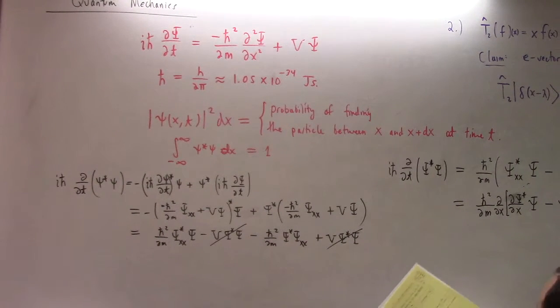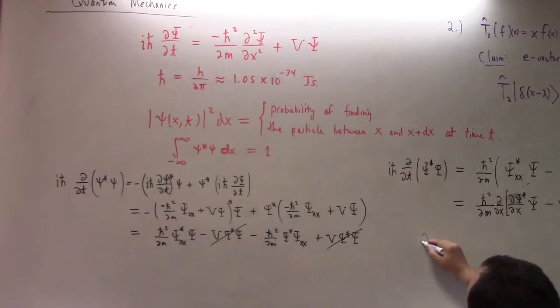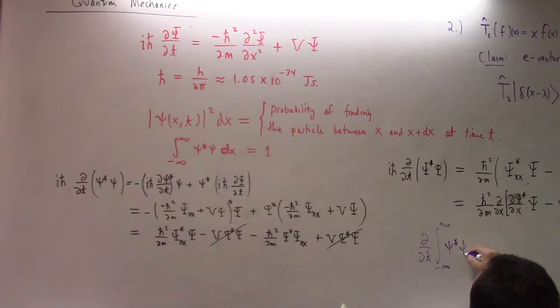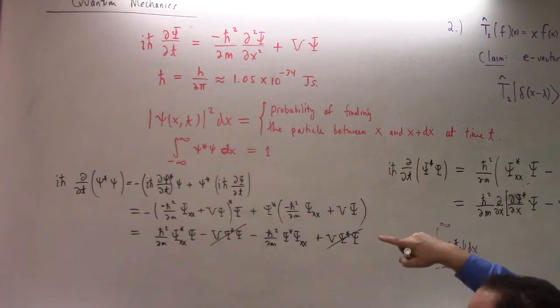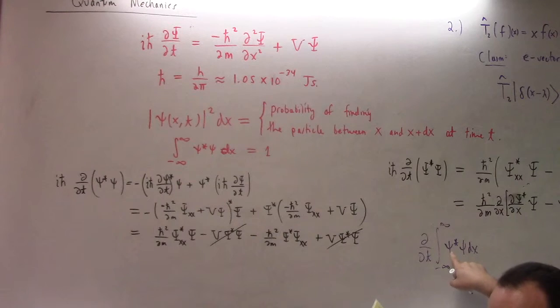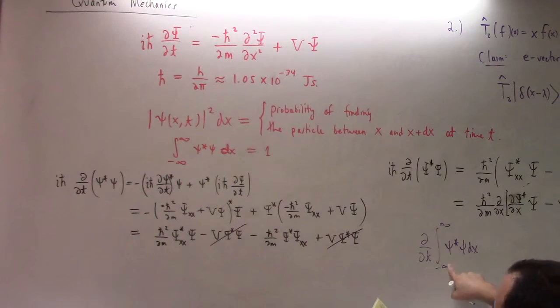Now that's pretty awesome because then you can look at partial t of the integral from minus infinity to infinity of psi star psi dx. We pass the derivative inside the integral. Sure, what could go wrong with that?